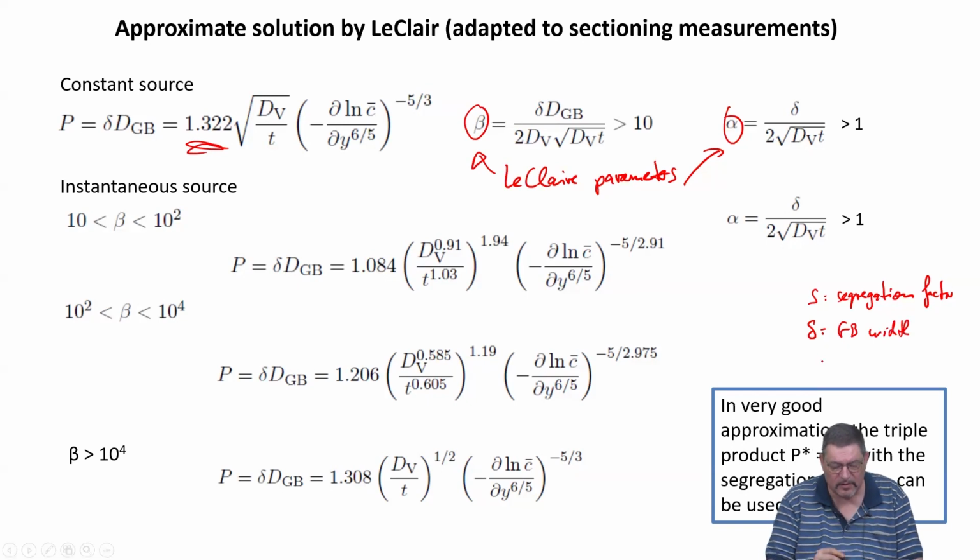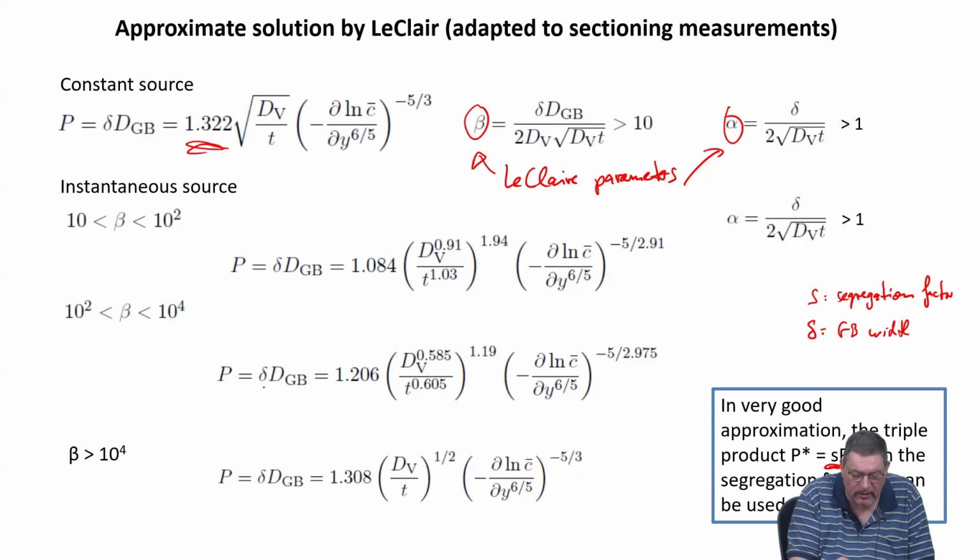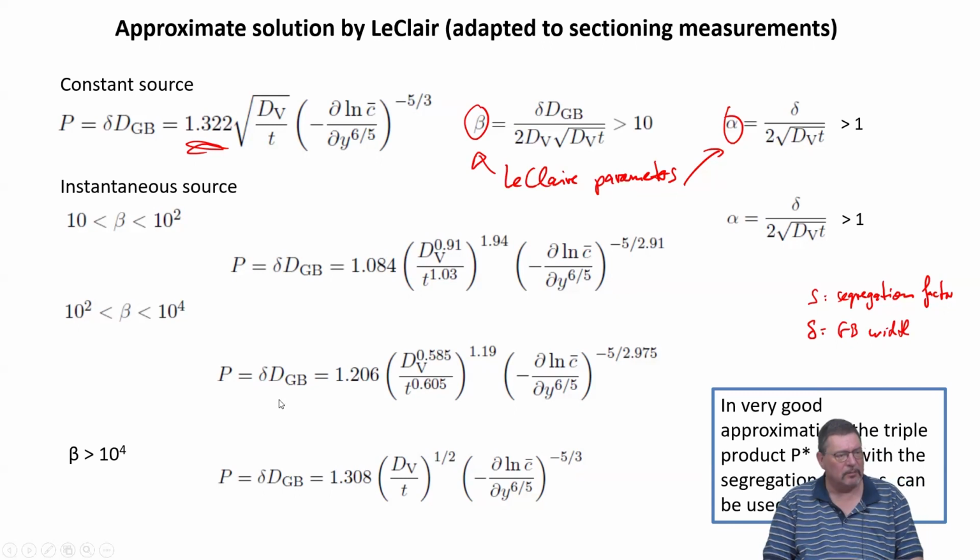Right, and you see here, this double product is just the product of grain boundary width and grain boundary diffusion coefficient. Normally, when you are describing an alloy which also shows segregation, then you need to use the triple product. This is then segregation factor times grain boundary width times grain boundary diffusion coefficient.